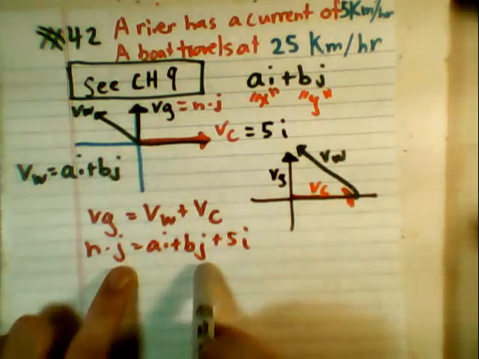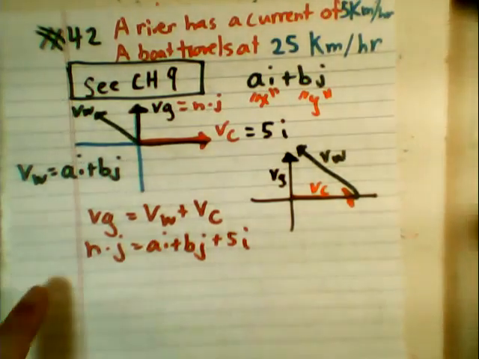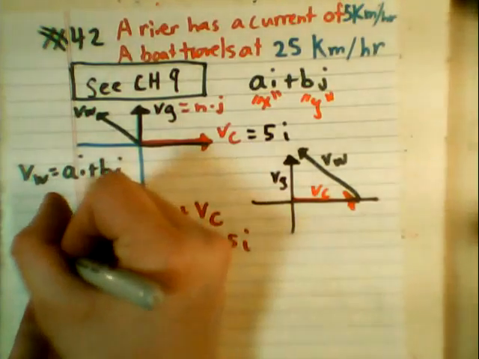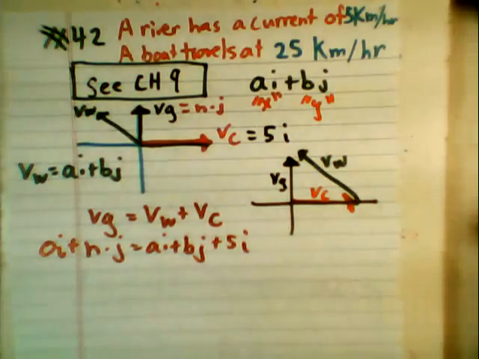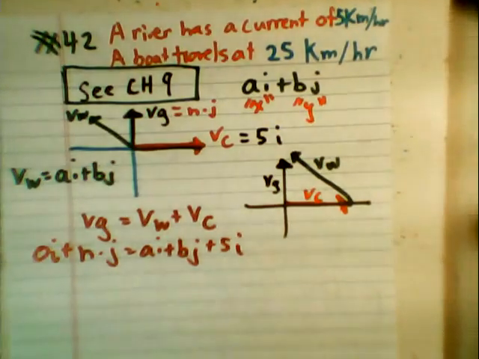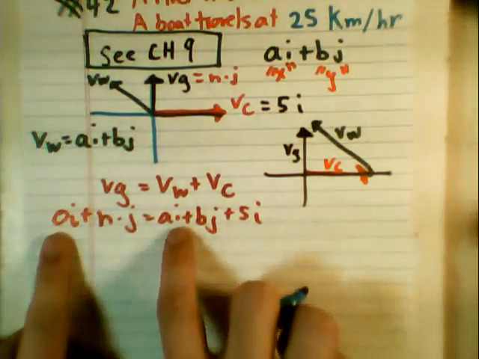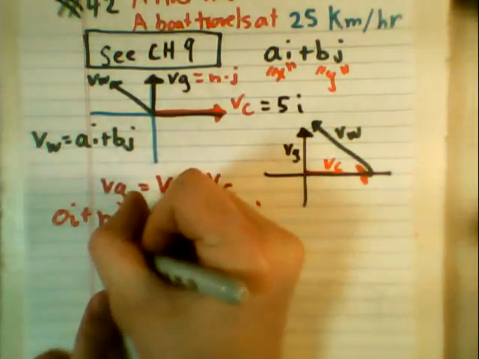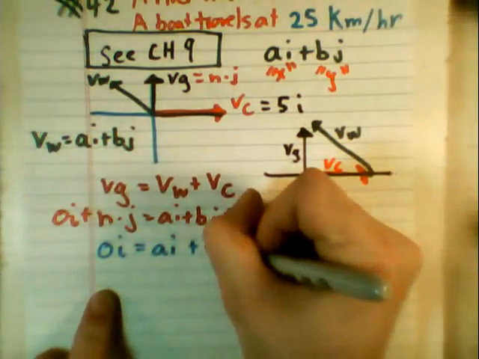They have j's, but since this side doesn't have an i component, we're going to substitute that in by just saying plus 0i, because the i and j components should be equal. So let's break away from the j's and just work with i's. We can then write an equation to solve for A: 0i equals Ai plus 5i.